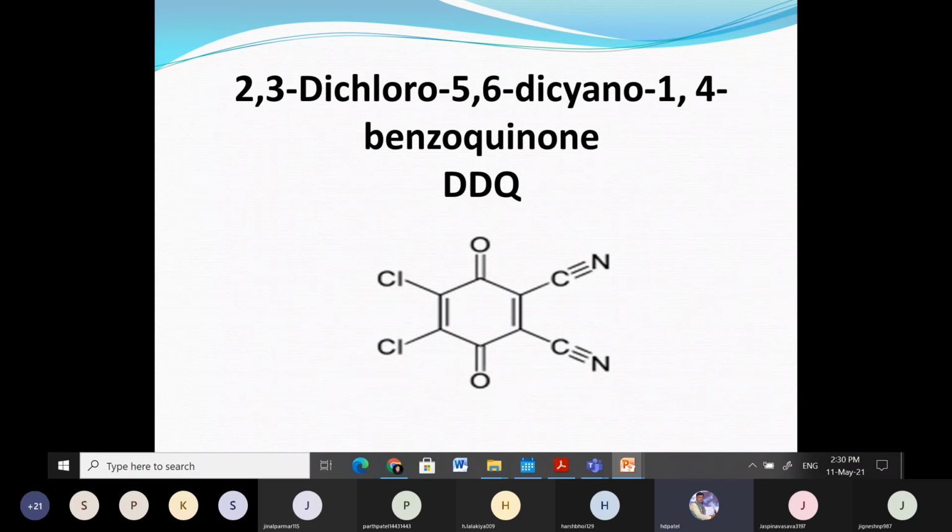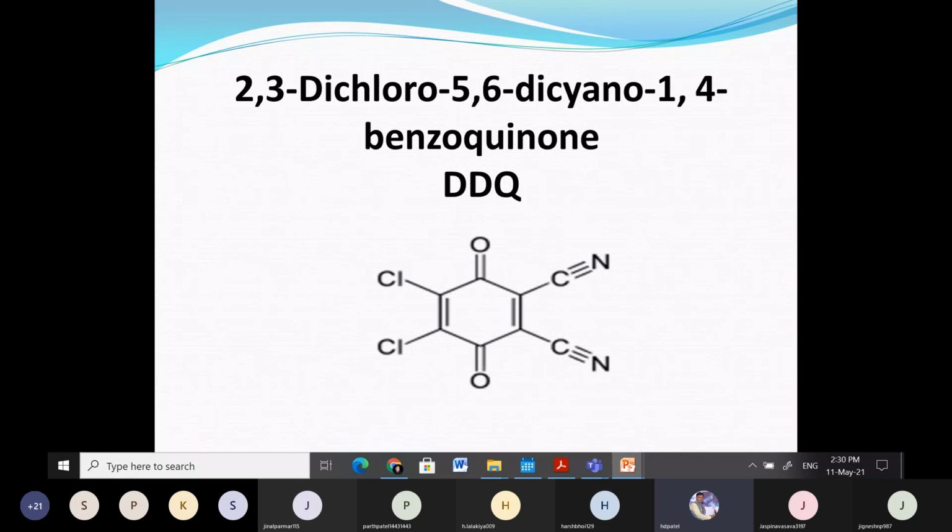Hydrogenation means addition of hydrogen, H2, and dehydrogenation means removal of hydrogen, H2. So, for example, if you have an alkane and you want to prepare an alkene, then you can use DDQ. Removal of hydrogen is also known as oxidation.